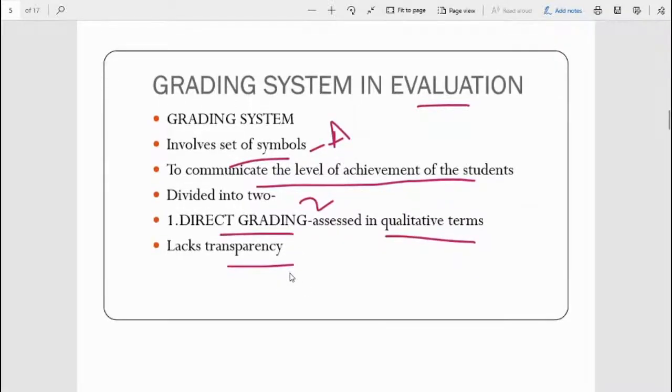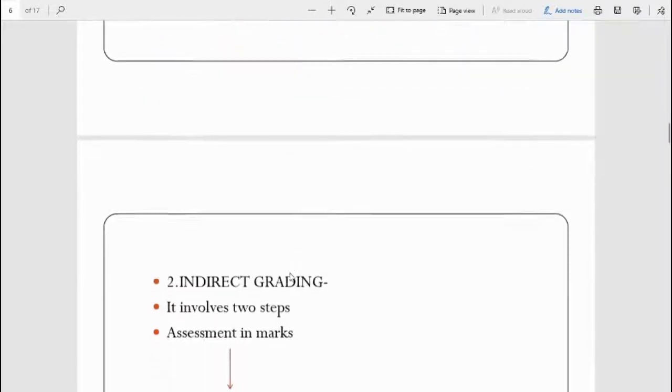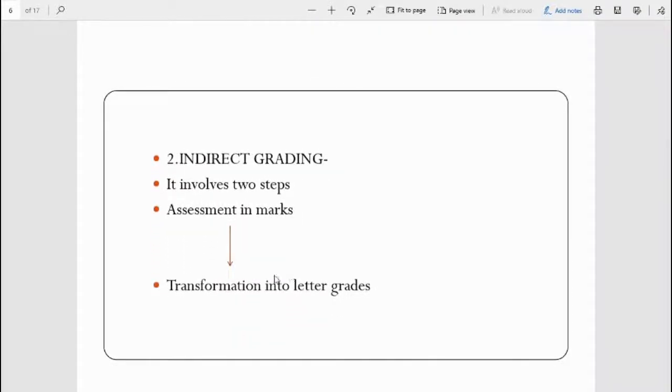The second one is indirect grading. This grading is basically used in our schools after summative evaluation. It involves two steps. The first one is assessment in marks. Once you are given marks, like when you write any exam, any final exams or any end semester exams, you are evaluated out of 100, scored 91 out of 100, might be given A1.